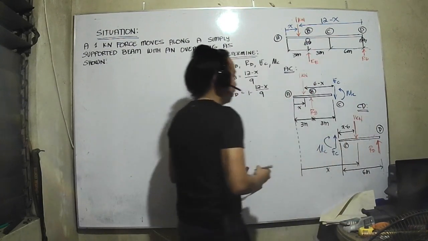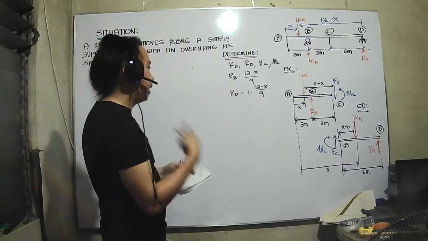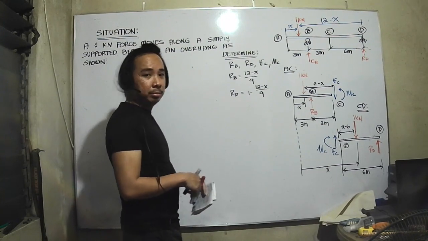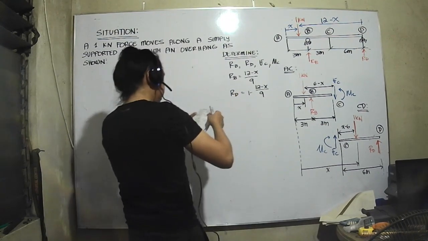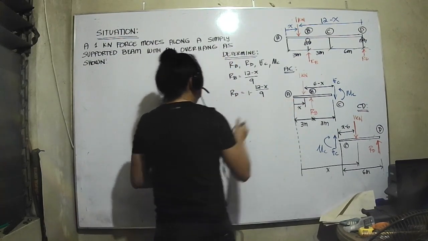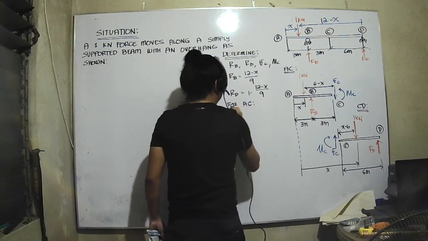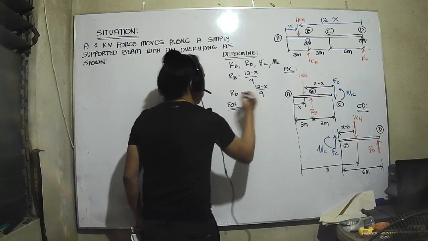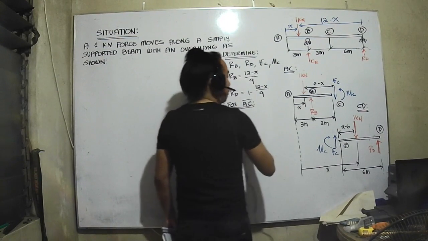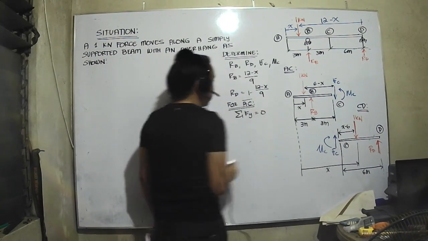So we have all of that now. In this case, I would like to derive some equations. I try to look at AC first. For the AC segment, I want to sum up forces with regard to Y equal to 0.